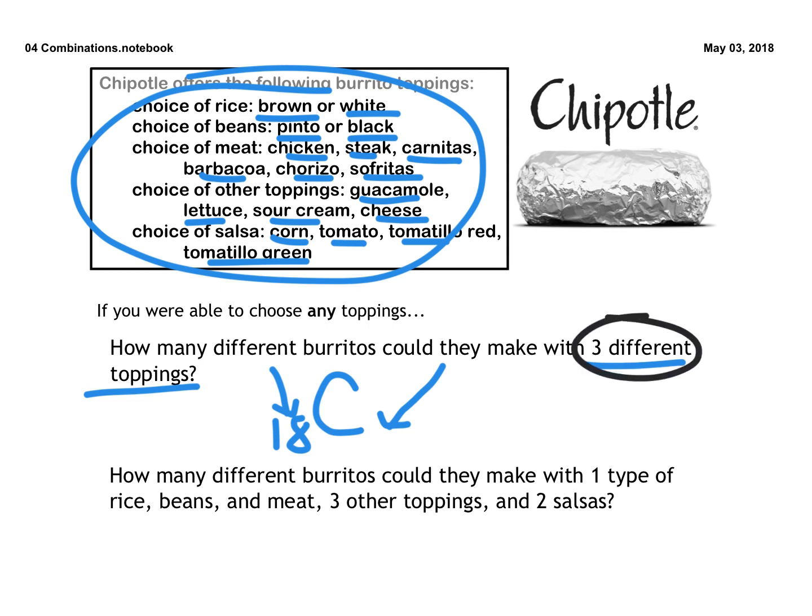It says 3 different toppings. So it's 18C3. Now, I showed you the more advanced way to do it, which is to break them up into like, how many choices of rice do I have? And that's a separate C. How many choices of beans do I have? That's a separate C. But if you put them all together, it is a little simpler, and that's what they start with. But I already showed you the hard ones.